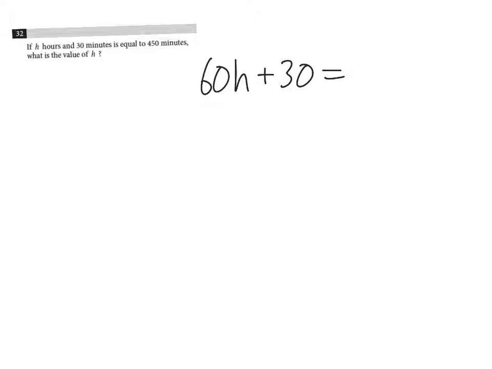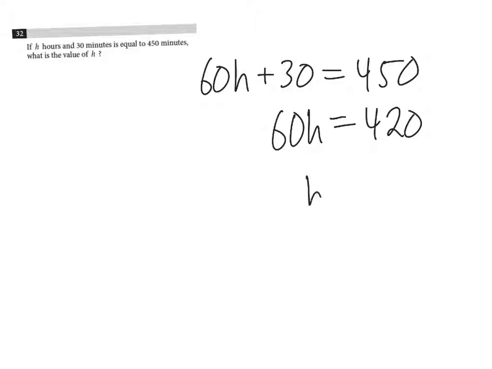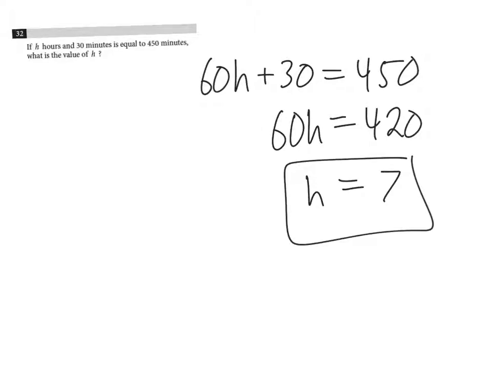We know that that equals 450 minutes. So I'm just going to subtract 30 from both sides and then divide both sides by 60. I get 7 hours, or h equals 7.